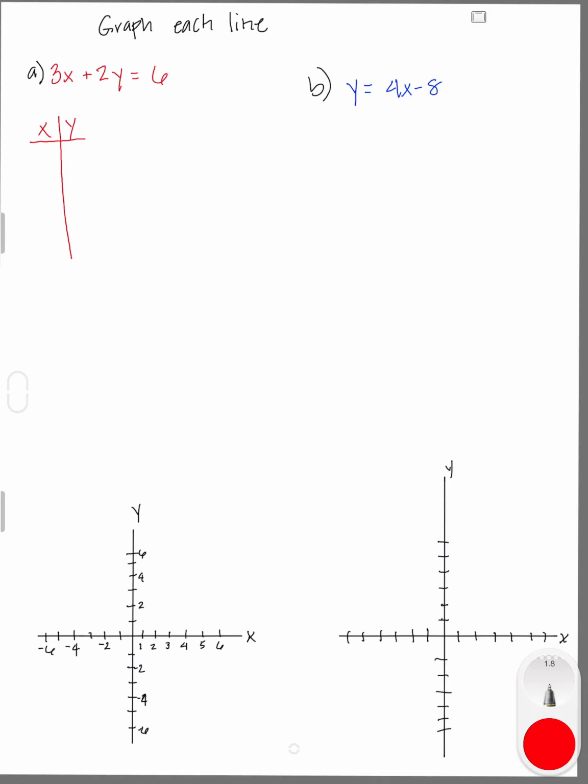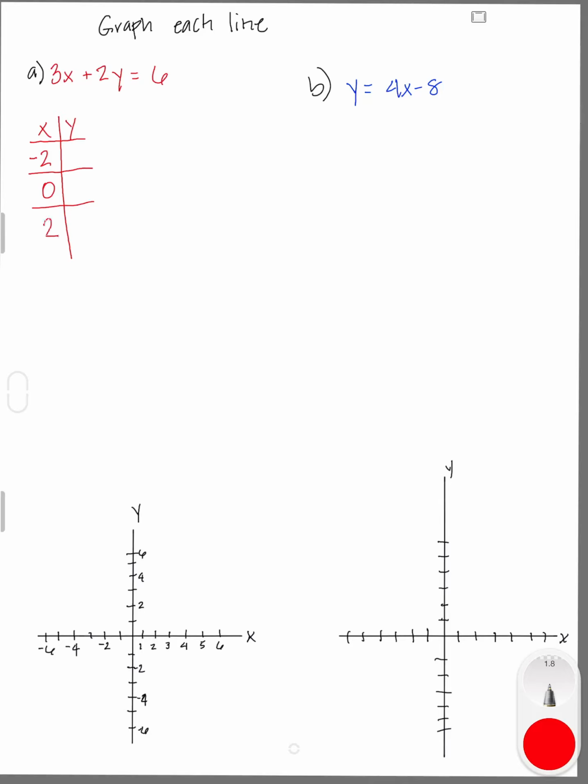So here, I'm going to choose the value of -2 for x, 0 for x, and then 2. Notice how I chose only values for x. That's easier for me because then I know that I'm always going to be finding the y value that corresponds to that x value in the linear equation.